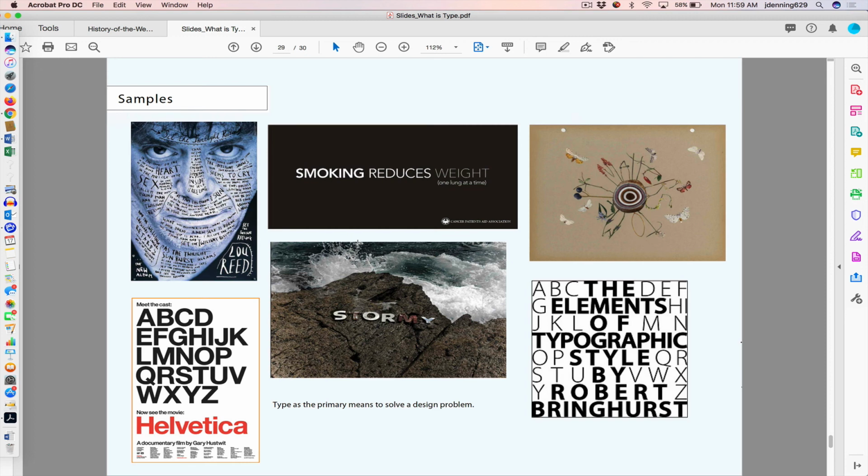So type is a primary means to solve design problems in graphic design. To be a graphic designer, you also have to really understand how to utilize and design with type. You don't necessarily have to be a typographer. Typographers are their own subgroup in graphic design, but you have to understand it deeply, think about it, and utilize type to help solve your design problem.